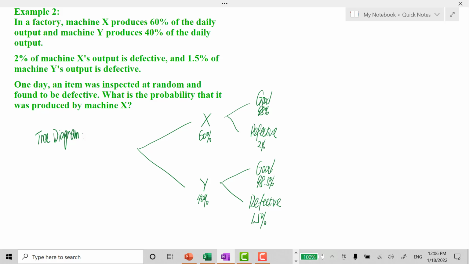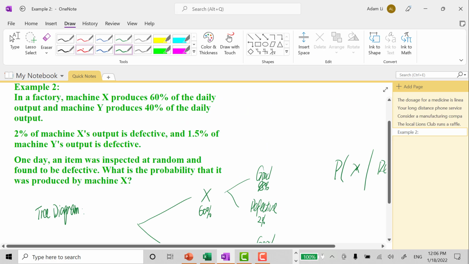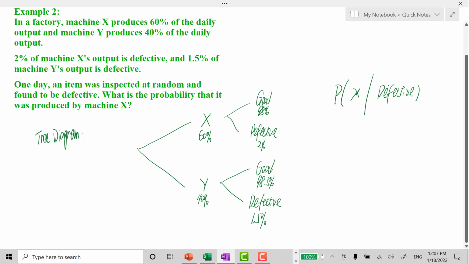Now the question is asking: what is the probability that it's produced by machine X given that it's a defective item? A defective item comes from two sources. The first source is X producing defective, or Y producing defective, but we only want the percentage of machine X producing defective items.